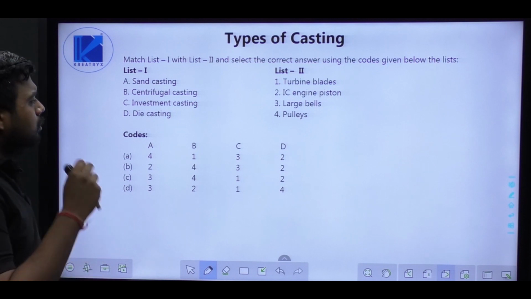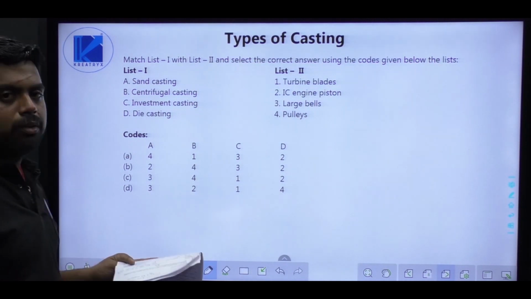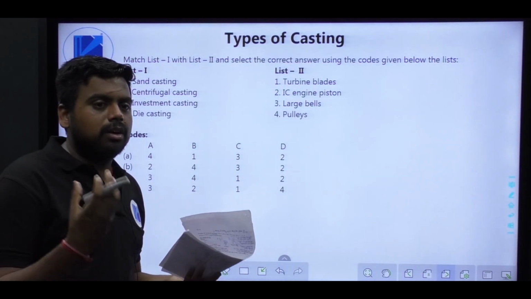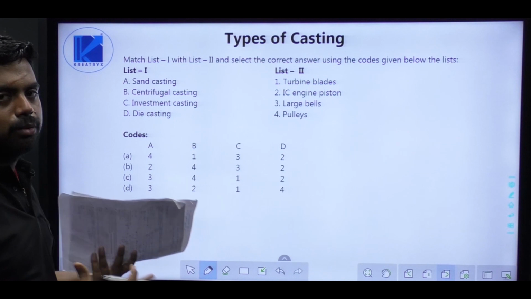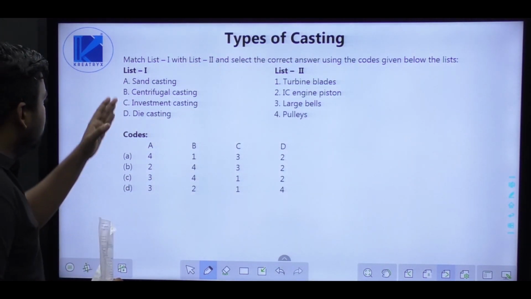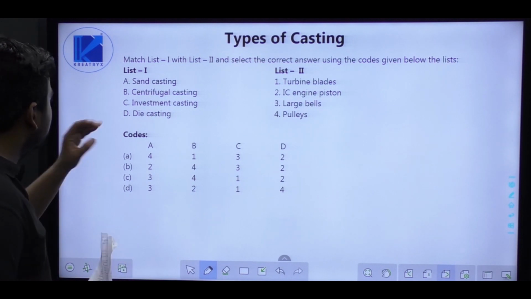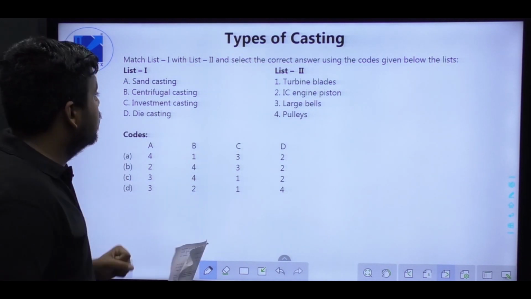Friends, there are not only 4 types of casting, there are many more. To learn more about them, go through the standard books. In list 1, A is sand casting, B is centrifugal casting, C is investment casting, D is die casting.